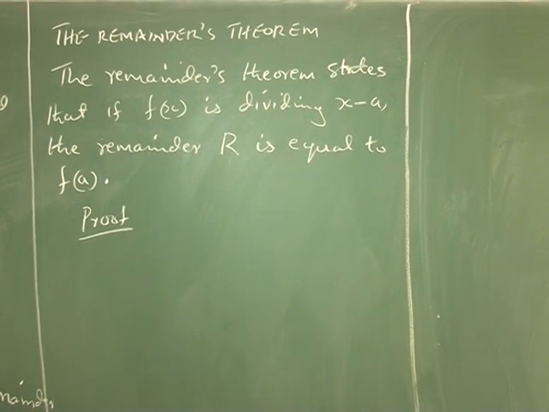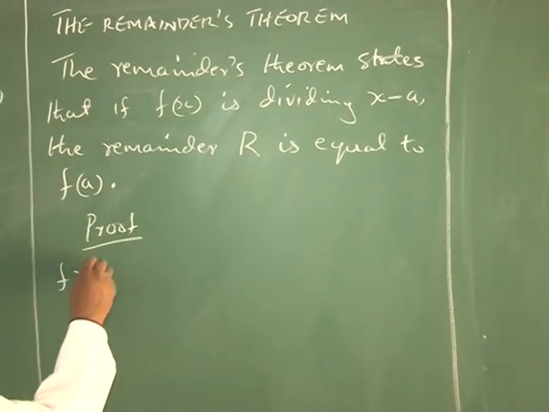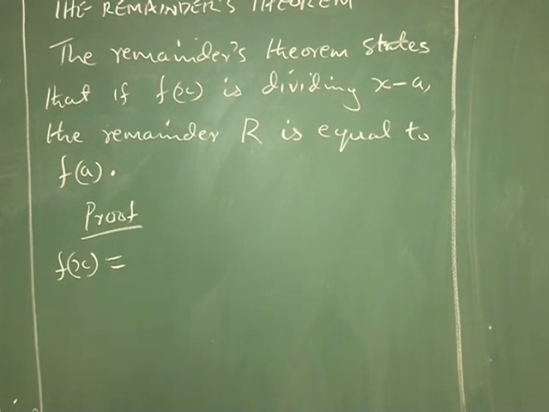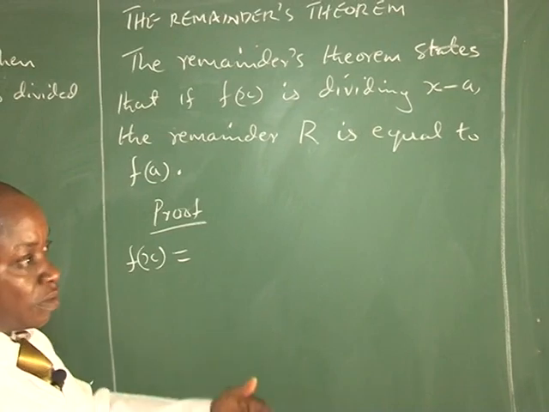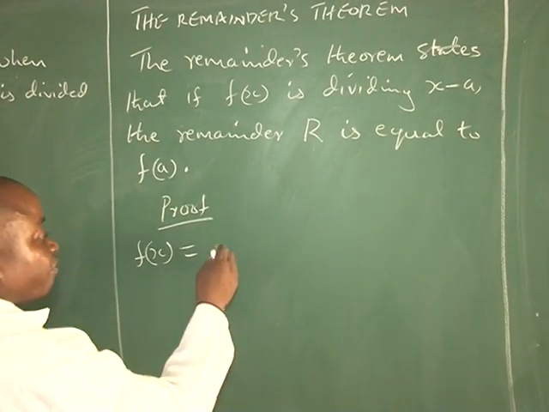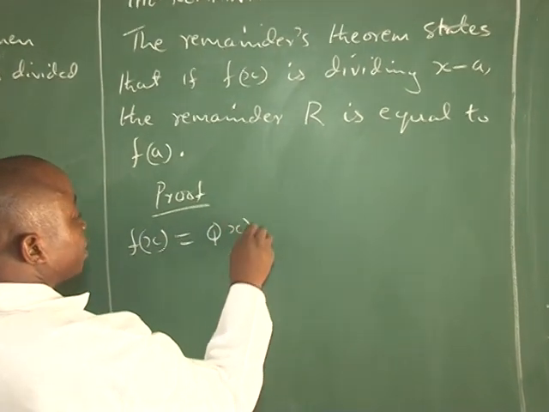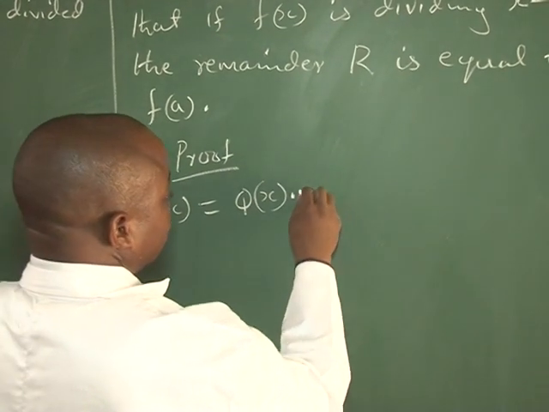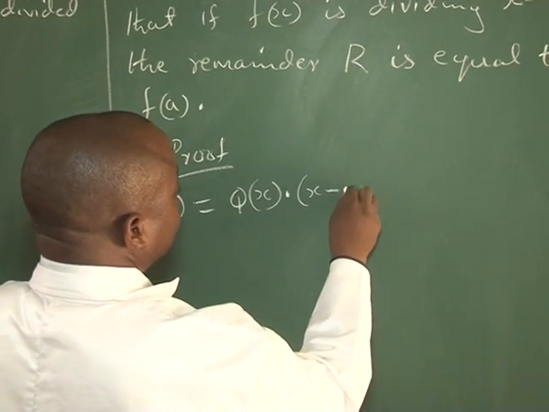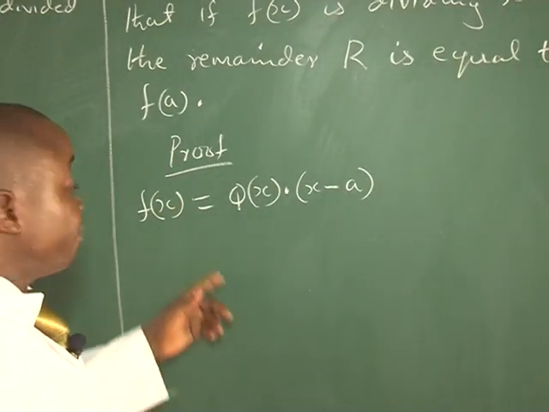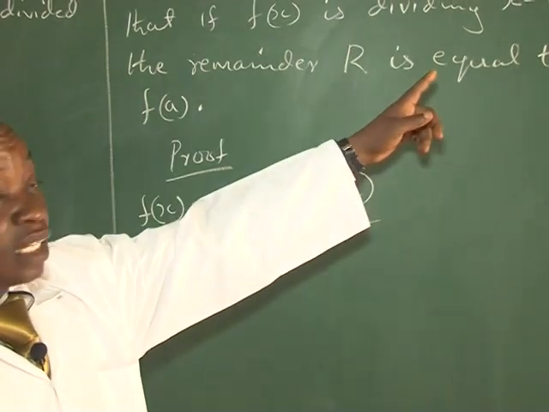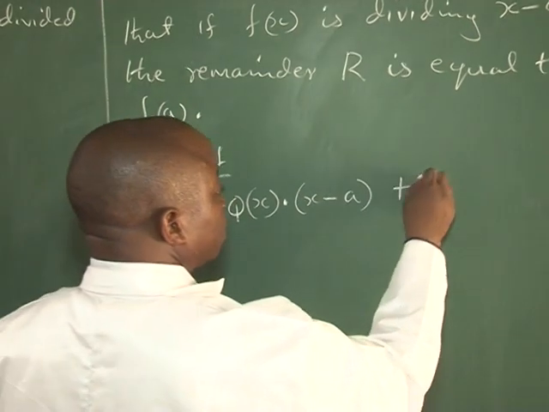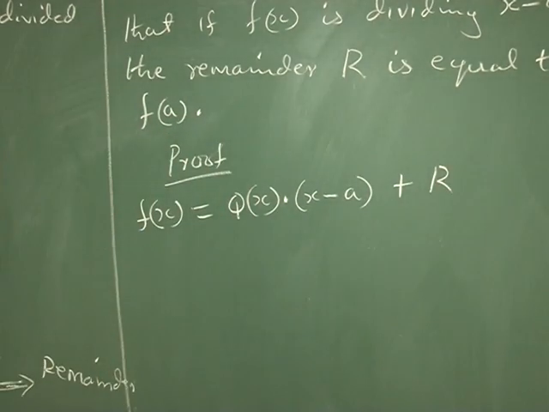We know that if f of x is divided by the divisor, we'll have something of this form: q of x times x minus a. That is, if f of x is divided by x minus a, we'll have q of x times this plus remainder r. Why do we say that?